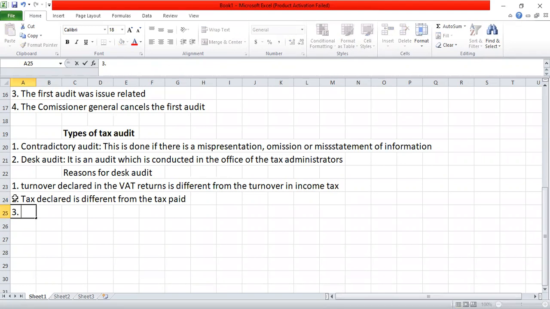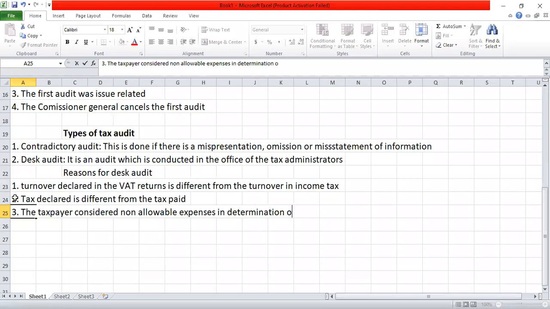Number 3, we talked about this in our income tax.